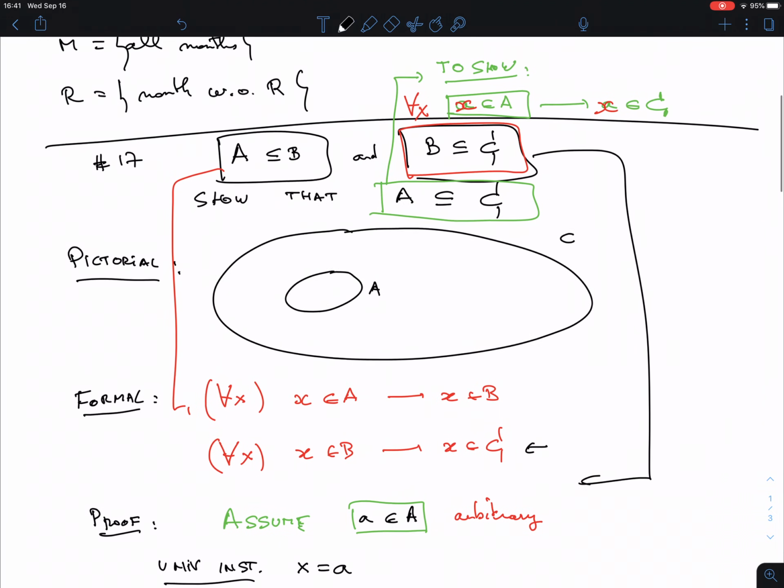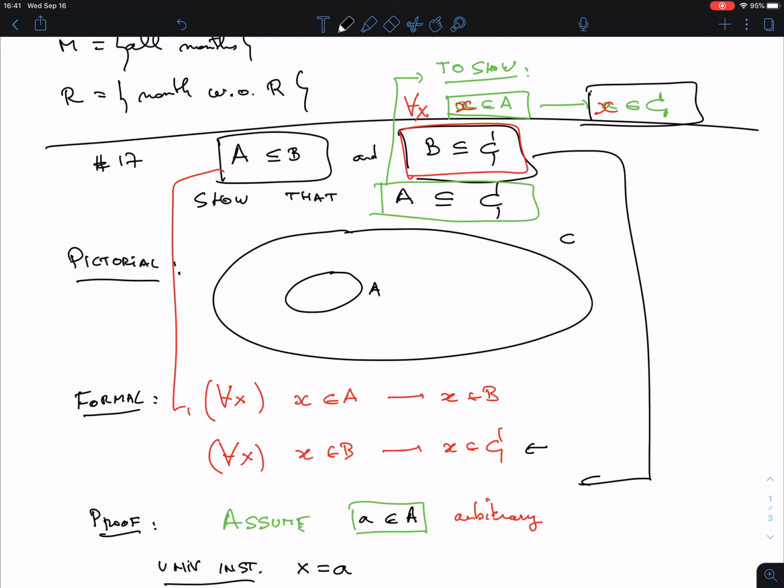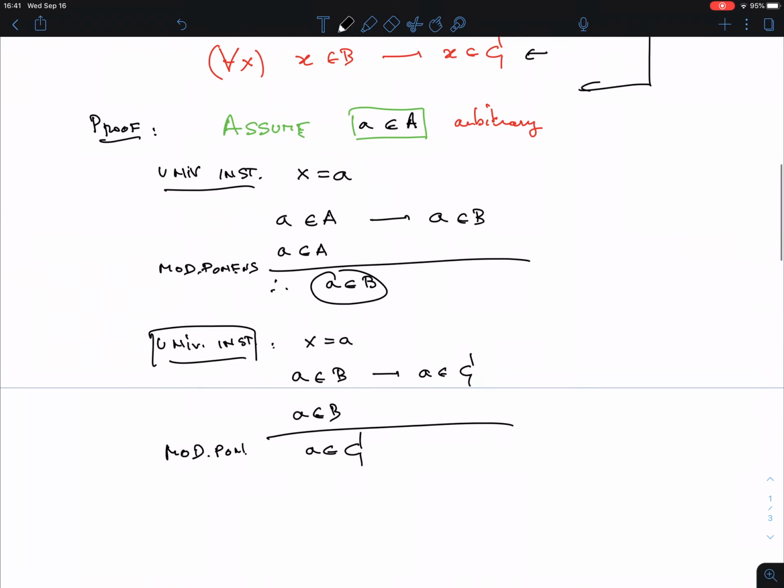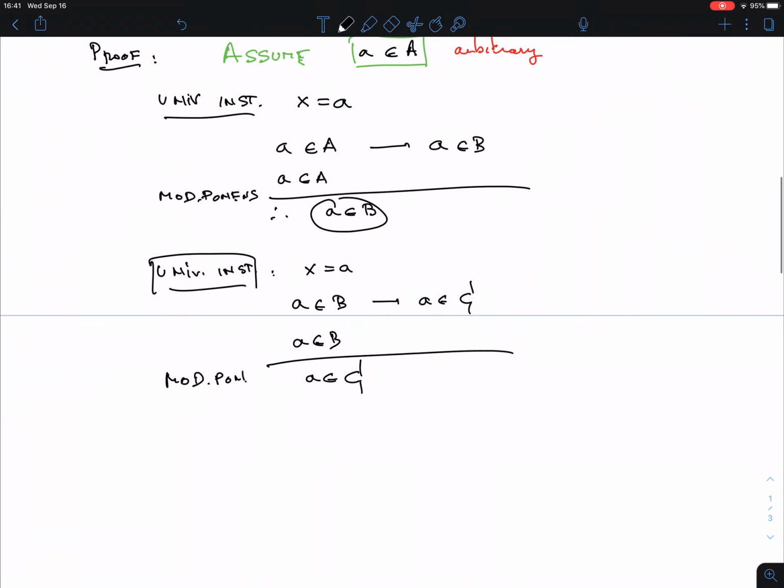So what we needed to show is that for all x, x lies in C. But I have only this. Now, what we have shown is that if a is in A, then a is in C. And then we know that by what is called universal generalization, if you do this for an arbitrary a, then you can conclude that this is true for all a.